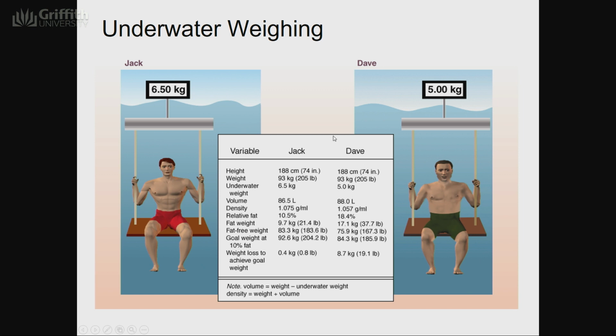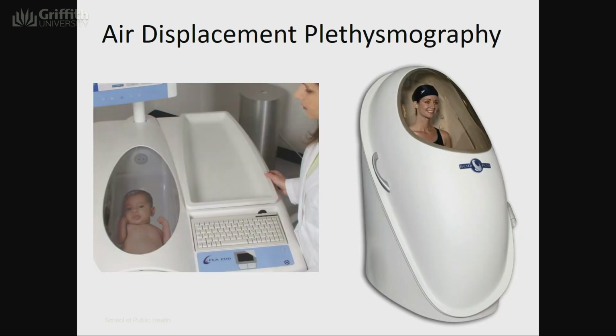These tanks are not all that prevalent anymore, and to be weighed underwater can be a little bit claustrophobic, a little bit disconcerting for some individuals, because you need to weigh the person after they expel as much air from their lungs as they can, which is obviously the opposite of what people usually do when they go underwater.